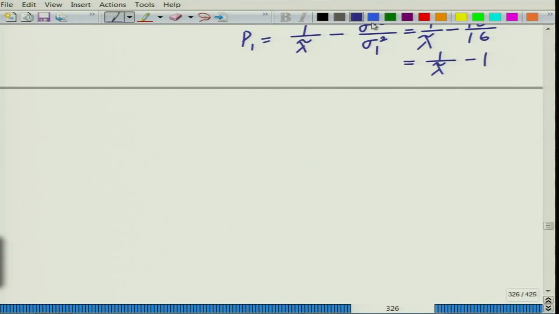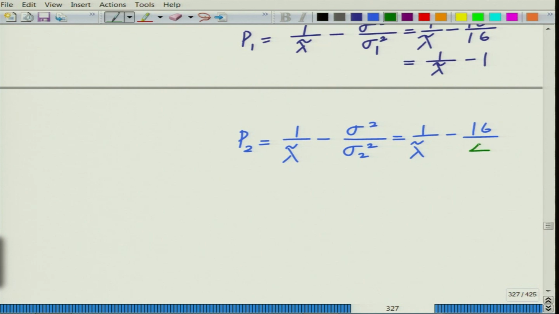If it is less than 0, then it will be 0. So, we have to determine that. And P2 equals 1 over lambda tilde minus sigma square over sigma 2 square, which is 1 over lambda tilde minus 16 over 2 square, which is 4. So, 1 over lambda tilde minus 4.